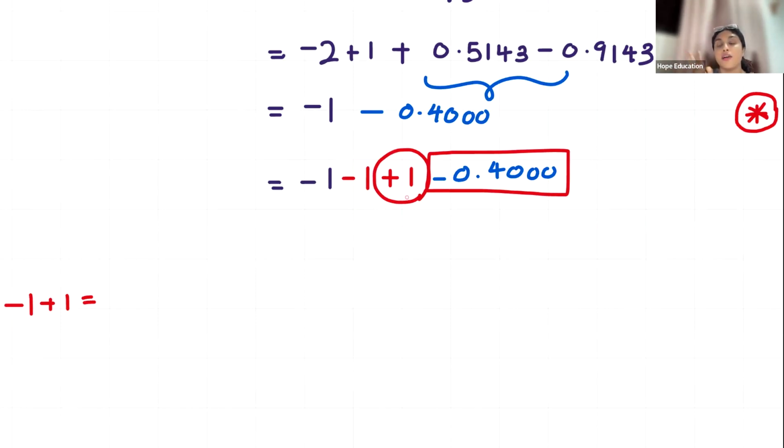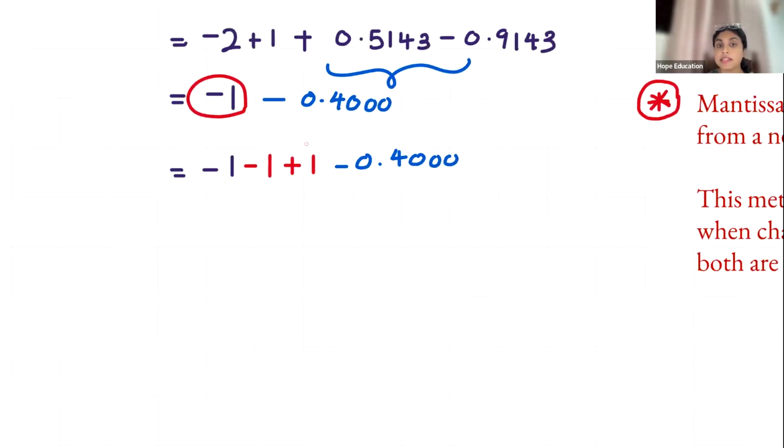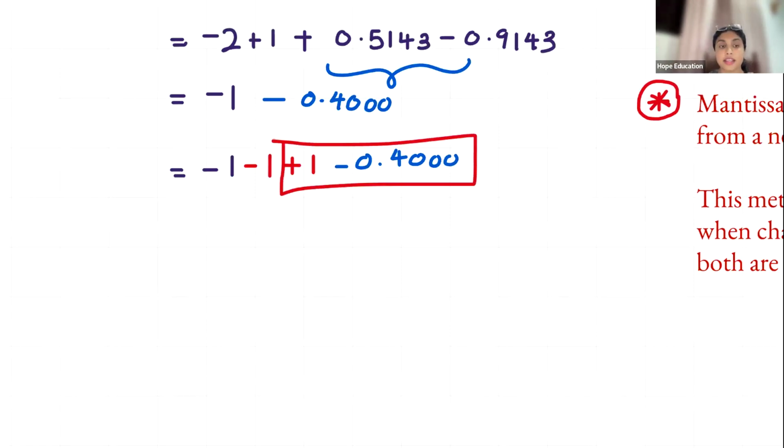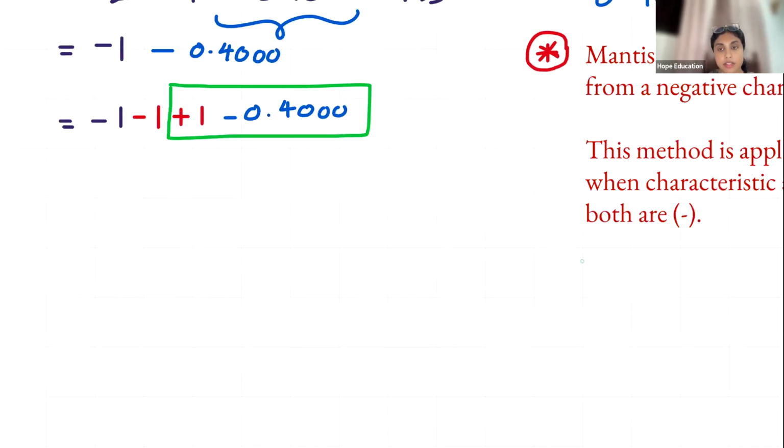Secondly, mantissa cannot be subtracted from a negative characteristic, no? But a mantissa can be subtracted from a positive characteristic. And that is what I do. Here, this is very important. I simplify these two. Characteristic is 1.